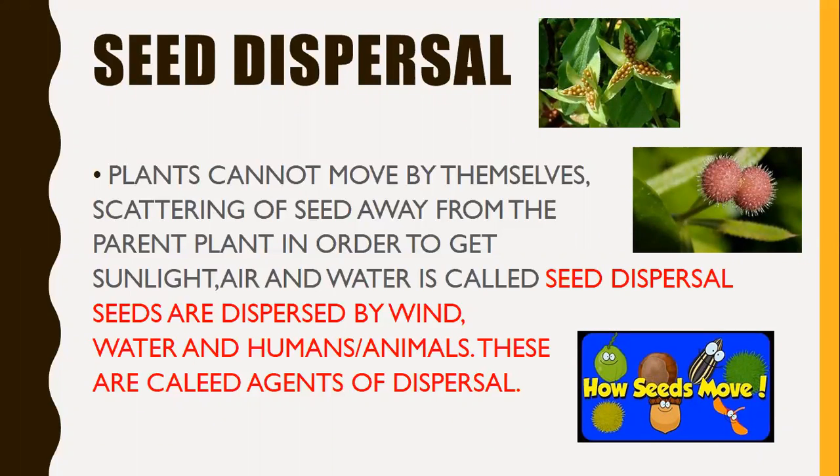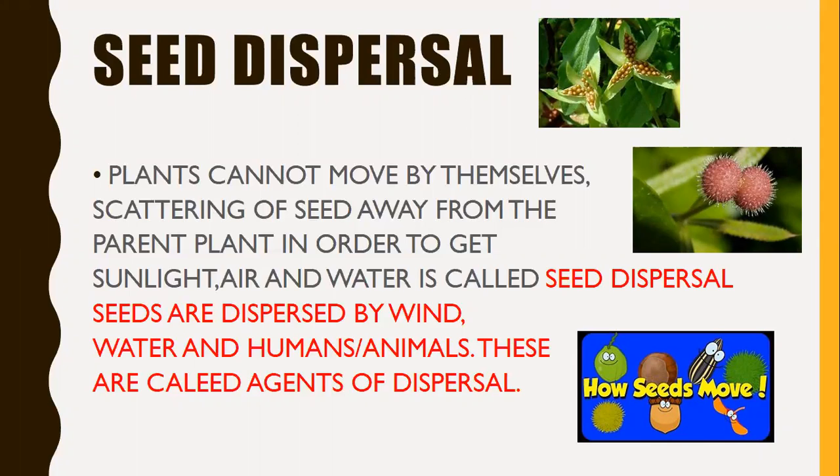So it is important that the seeds are spread over a wide area where they get enough sunlight, air, water, and space to grow. So scattering of seeds away from the parent plant is called seed dispersal.